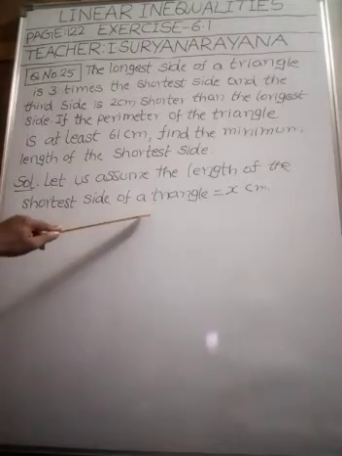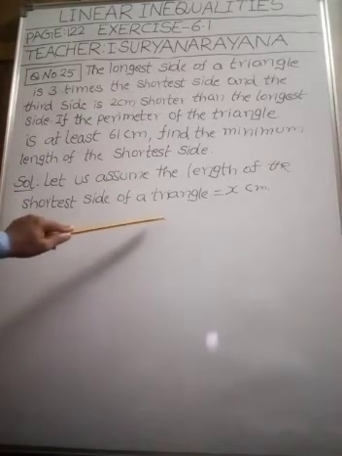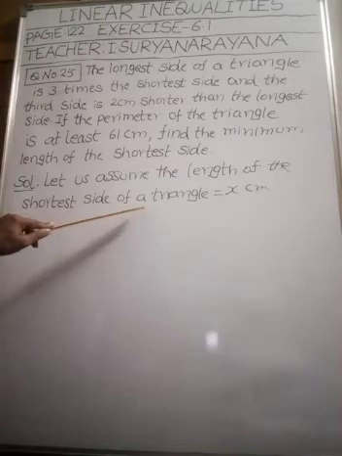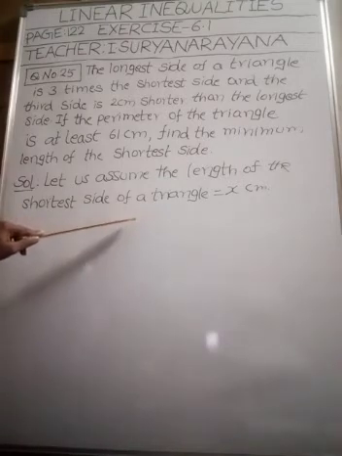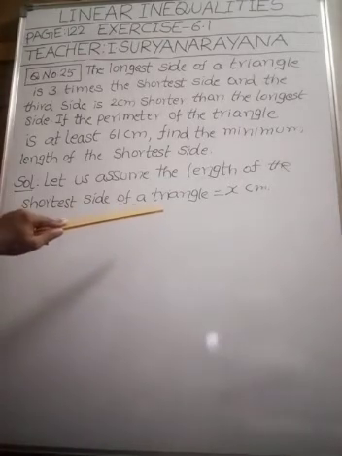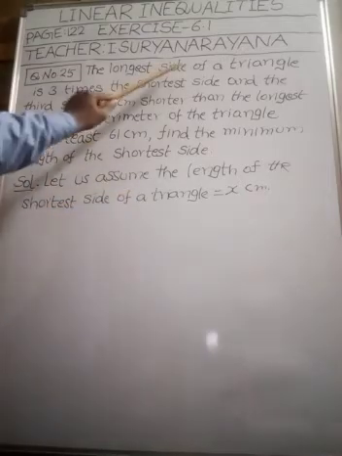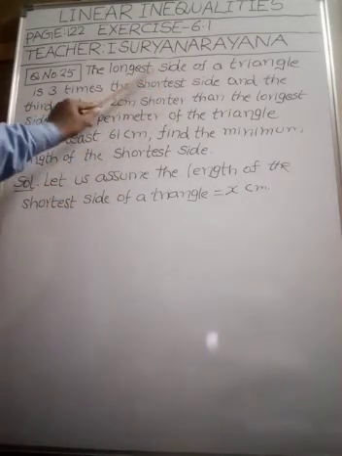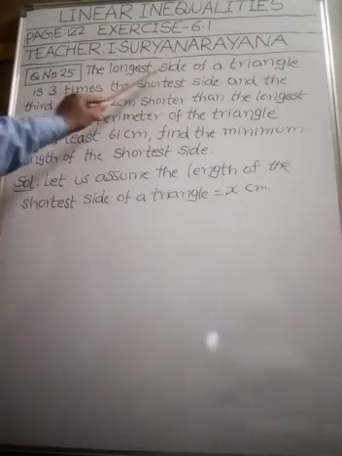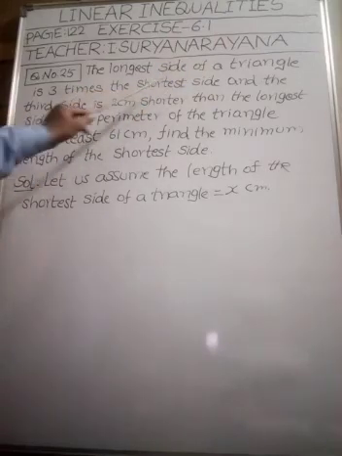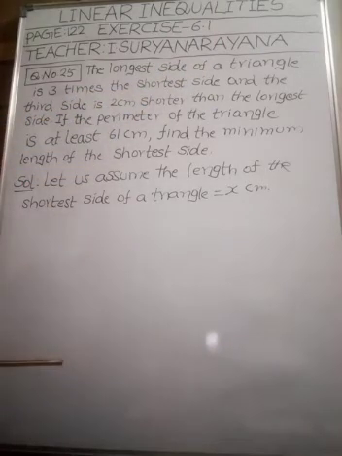We assumed here the length of the shortest side of this triangle is x centimeters. Then what is the longest side? What is the relation between longest side and shortest side? The longest side is 3 times the shortest side. Isn't it or not, my dear children?